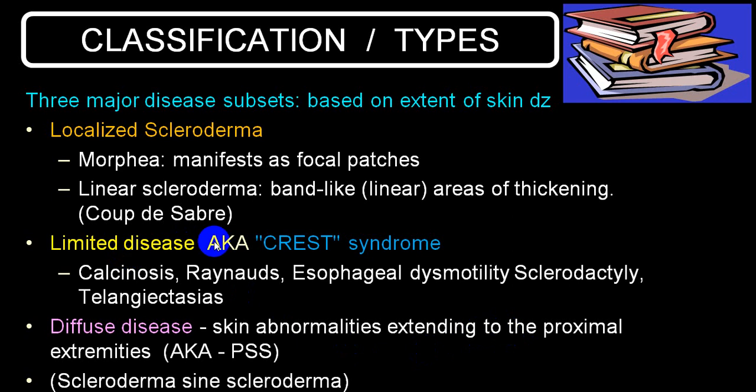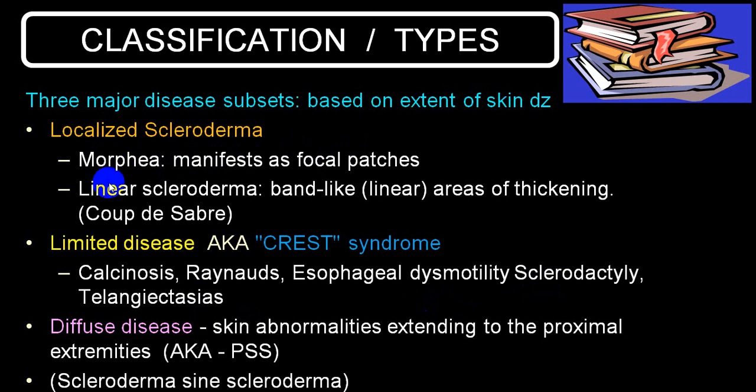In a limited variety, there is one classical syndrome which is called CREST syndrome, which is characterized by calcinosis, Raynaud's phenomena, esophageal motility syndrome, sclerodactyly, and telangiectasia. While in a localized variety where there are focal patches, very small area, it is called morphea.